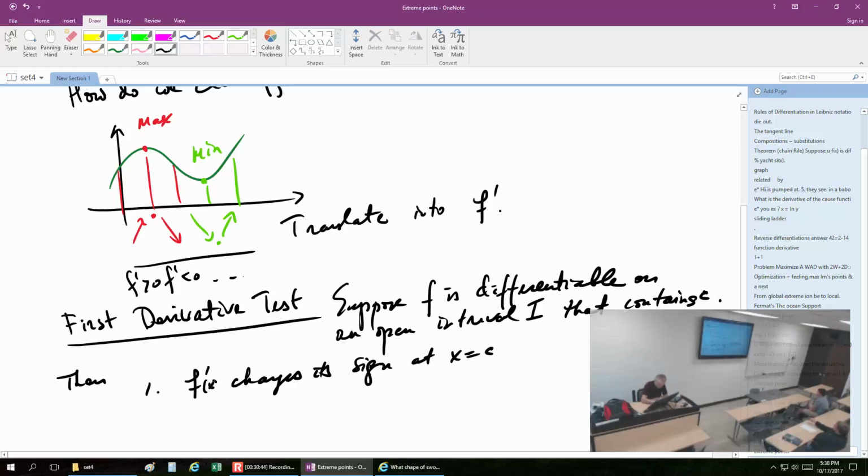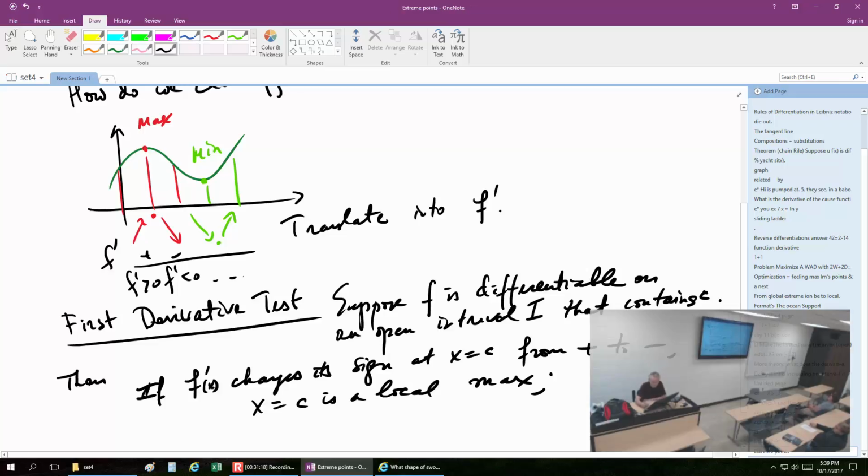So f of x is a function, and as you progress from left to right, the derivative changes, as every function would. And which way does it change the sign? If it changes its sign from plus to minus, then x equals c is a local maximum. Just like that picture indicates, from plus to minus, that's what the first derivative does.